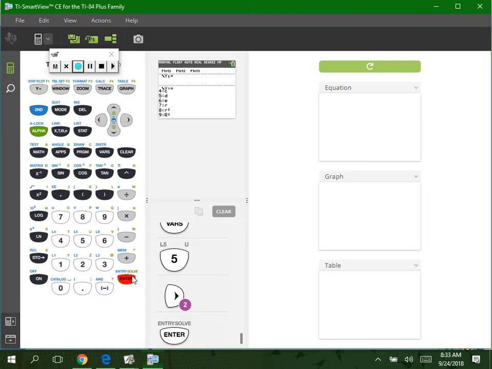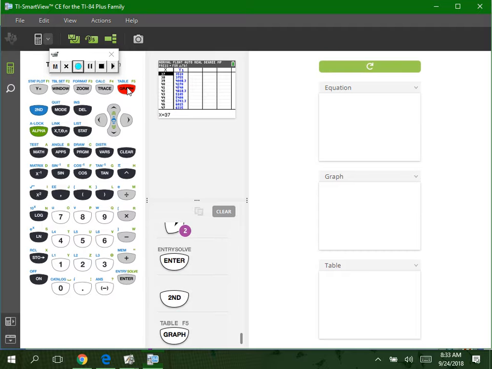Now, why is that nice? Because, ladies and gentlemen, watch as I go to my table. What number was I looking for when x was 12? So I'm going to scroll up till when x was 12. That's taking forever. I know an easier way, so I might show you that.